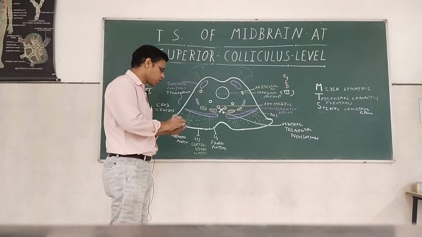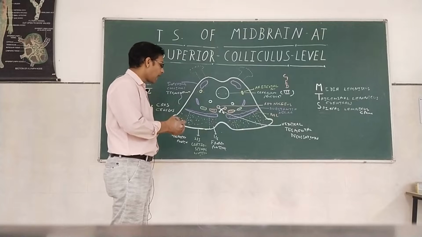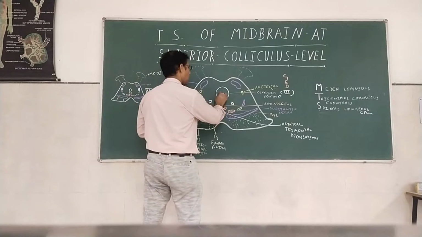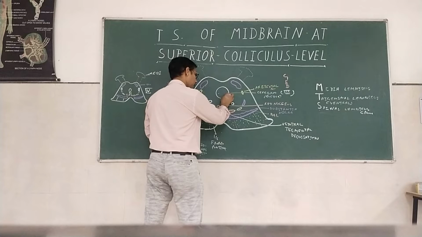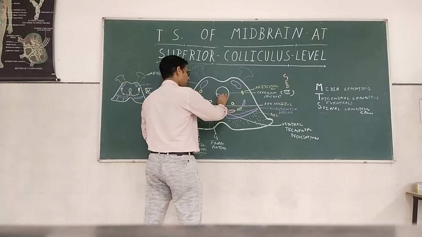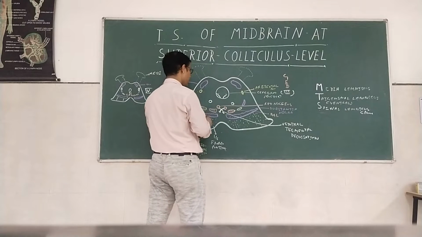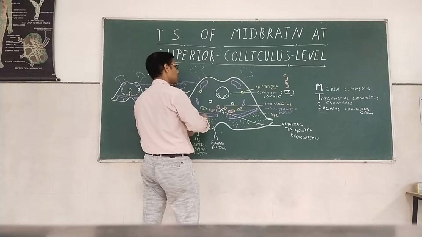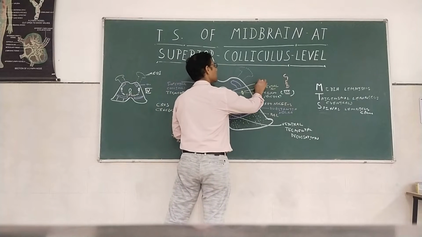Now I am coming toward a more specific zone, and that is the third nerve nucleus. Look at this, by this midline in the cerebral aqueduct, this zone is the third nerve nucleus. Actually I want to say the third nerve nucleus complex is a better word.